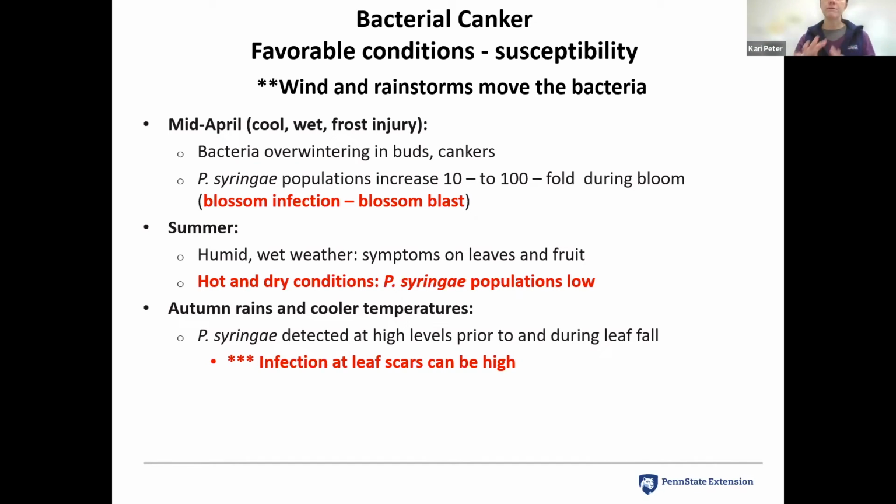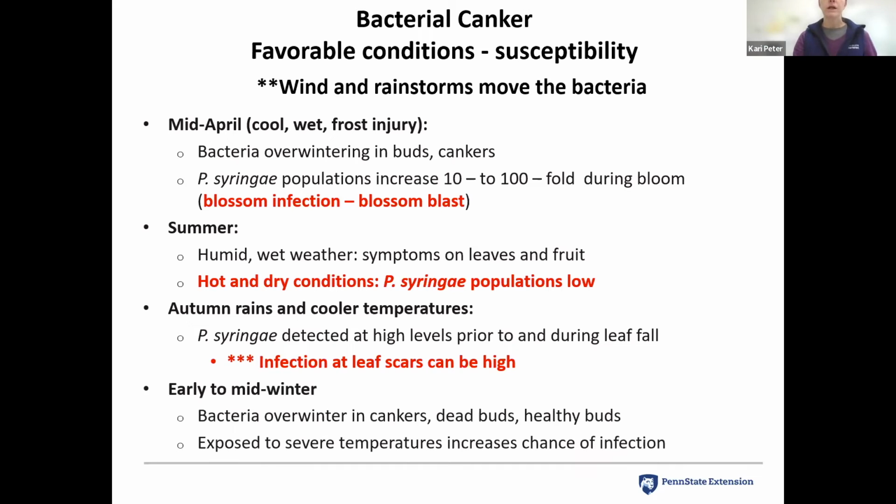Infection can be very high during this period because you have a high population of bacteria and the conditions favor it. And in midwinter, the bacteria is overwintering in the tree, and if there are really severe temperatures and you get damage, that bacteria is going to take advantage of that. Again, it likes that cooler weather.